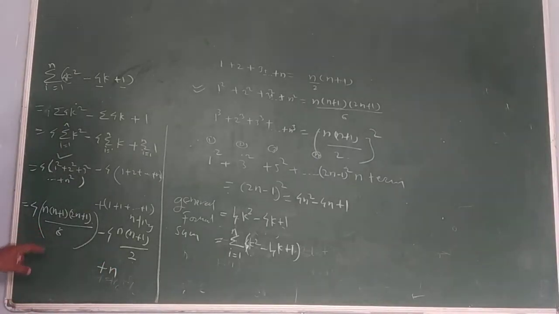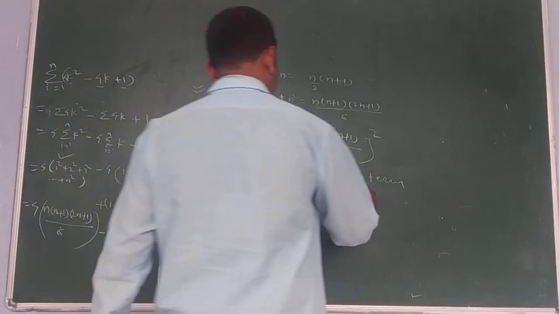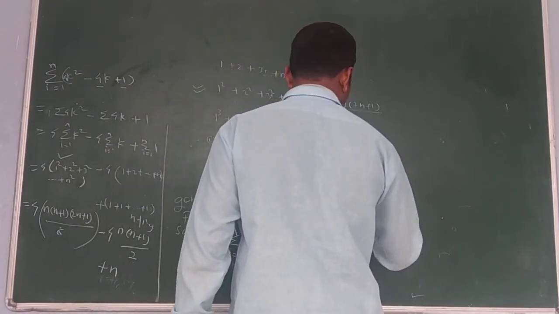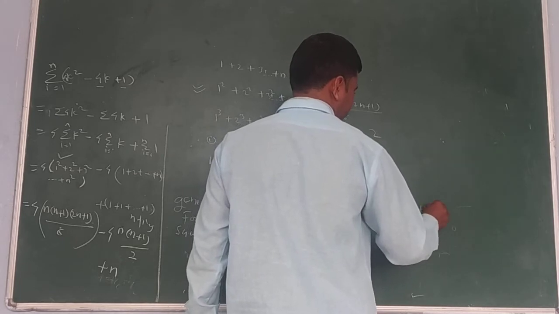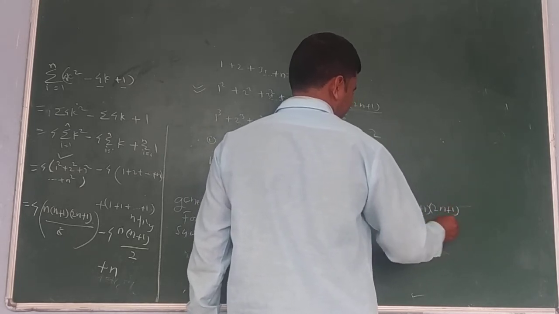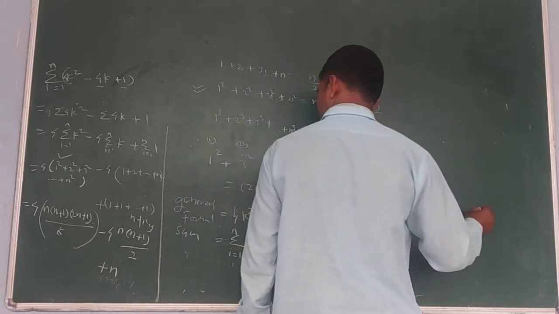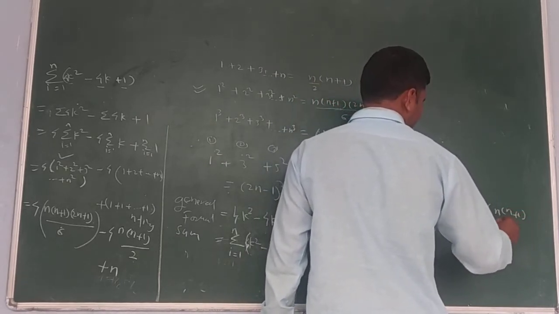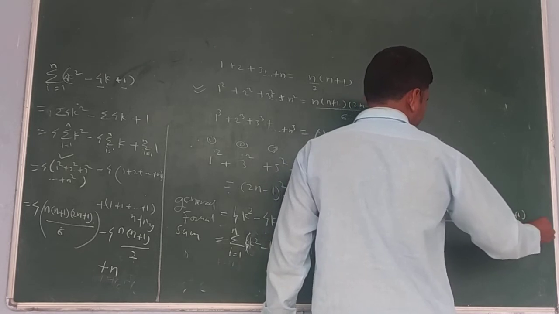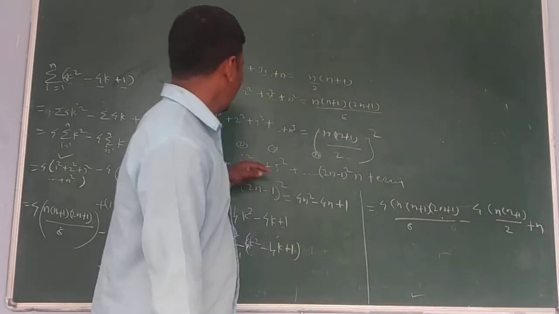So we got this last step: 4 into n into n plus 1 into 2n plus 1 divided by 6, minus 4 into n into n plus 1 divided by 2, plus n. This is the answer of this question.